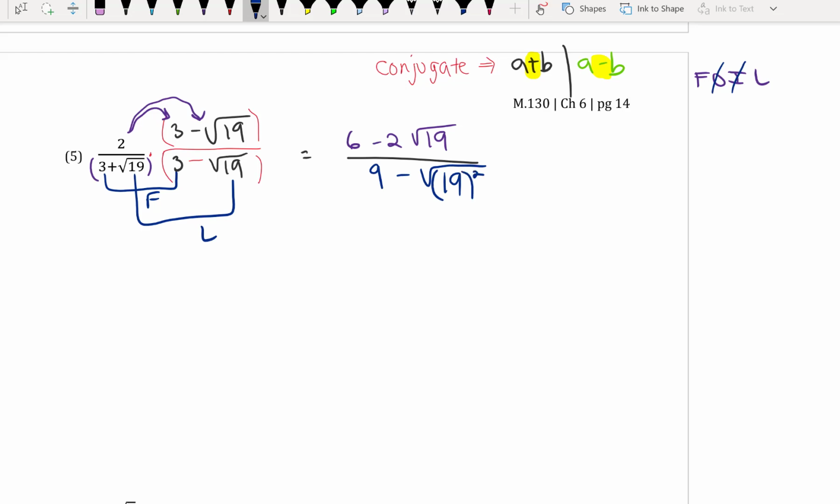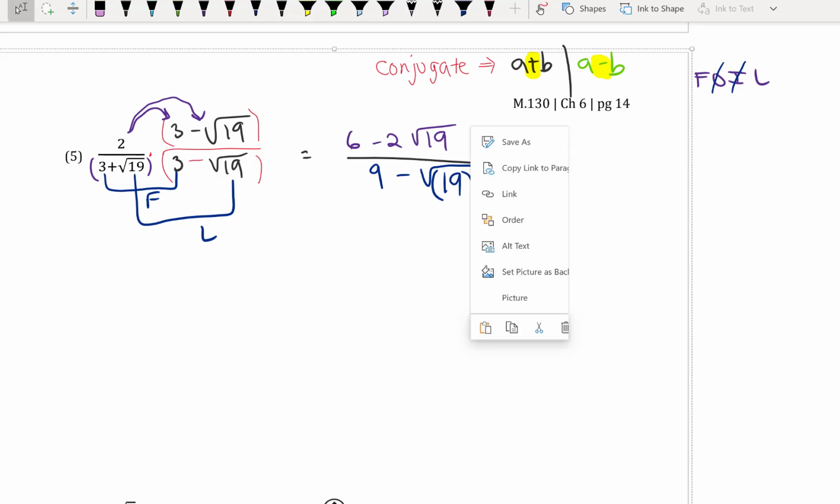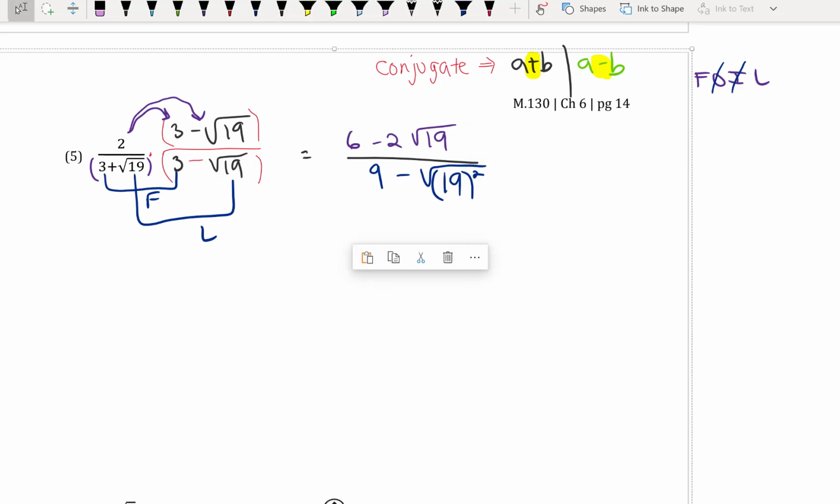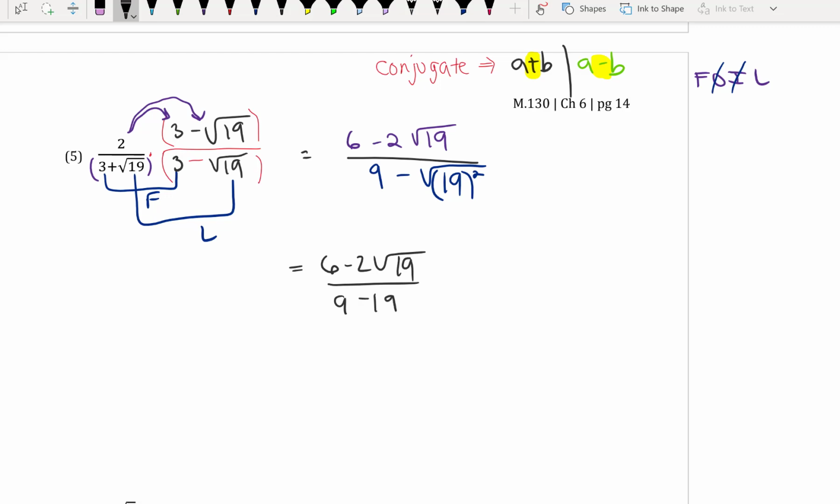So really, that square root and that square cancels. So I'm going to be left with 6 minus 2 square root 19 over 9 minus 19. And 9 minus 19 gives me a negative 10. So 6 minus 2 square root 19 over a negative 10.